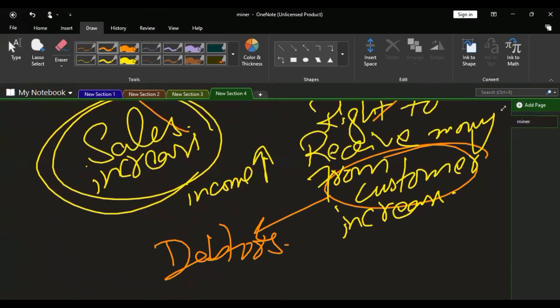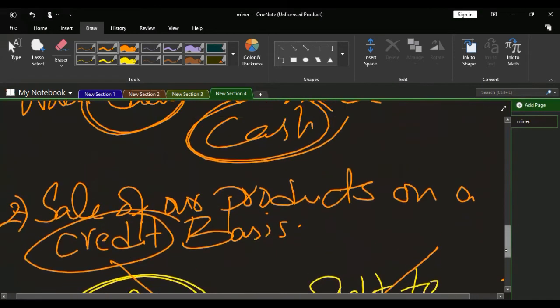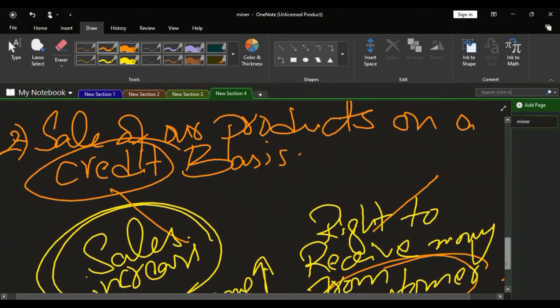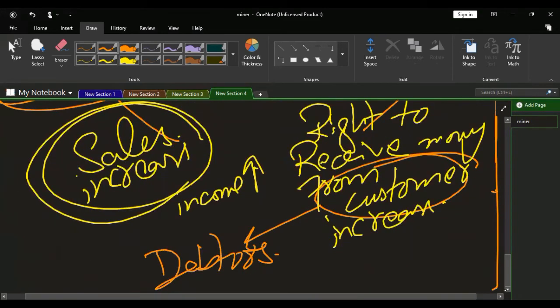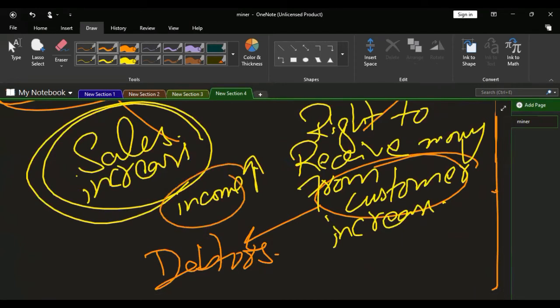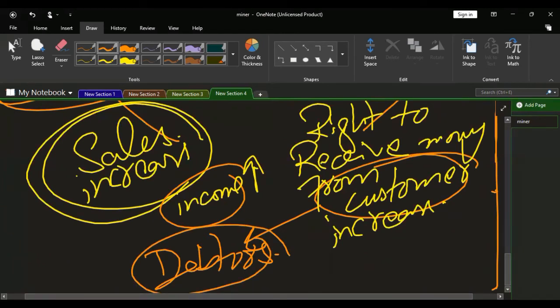If you want to learn what debtors are, then you may see a video whose link has already been given in the description. So the two items that will be affected when a sale has been made to a customer on a credit basis are that the business sales increase, that is the income of the business increases, and the other is that the right to receive money from the customer, that is called debtor, has increased.